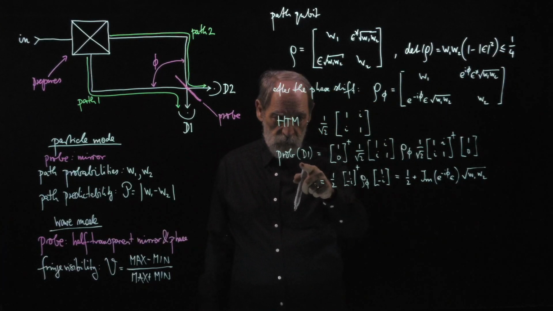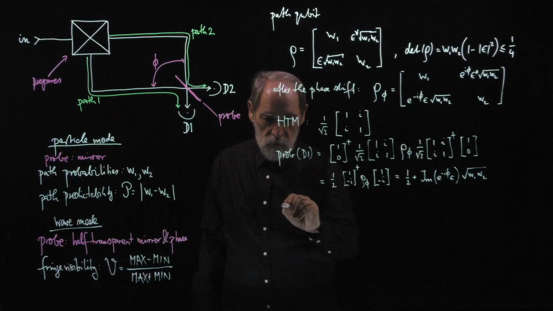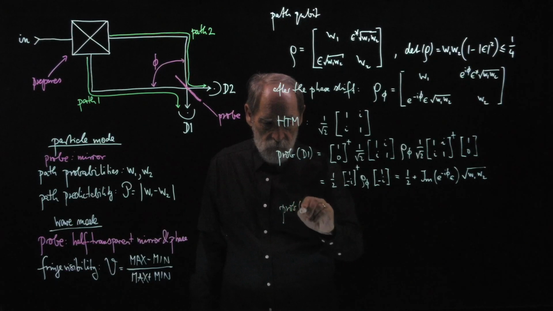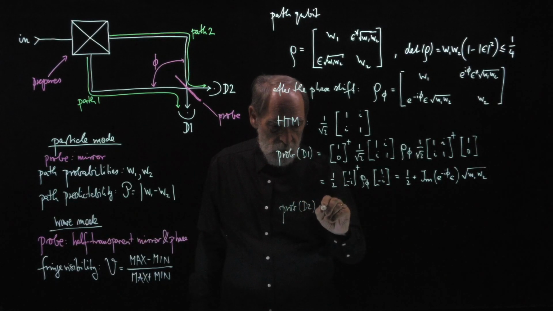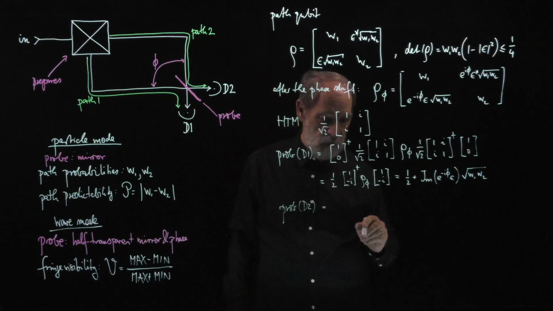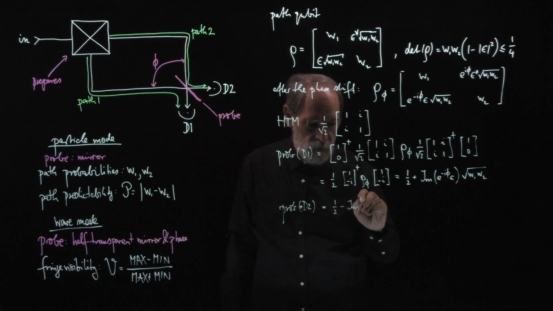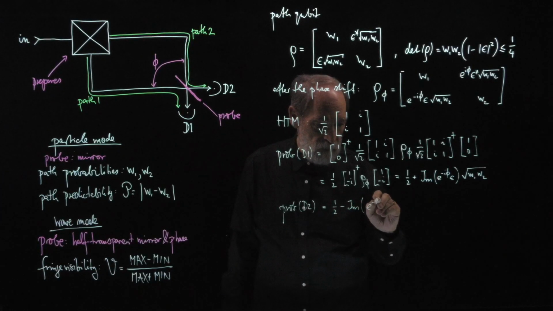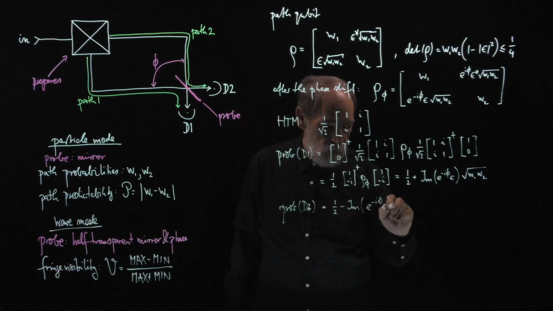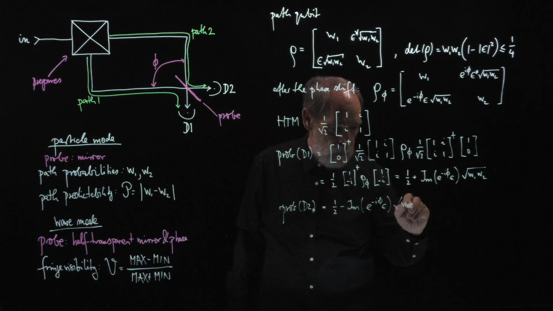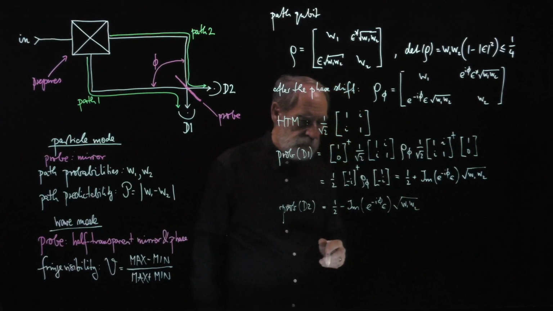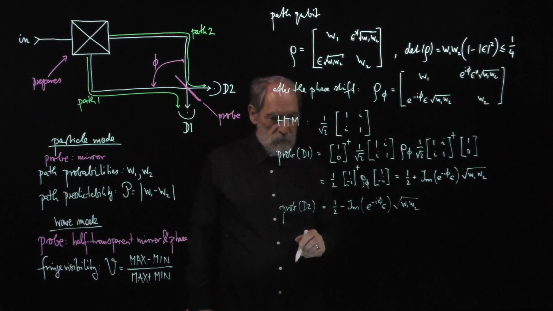So that's the probability for detector 1, and the probability for detector 2, we can work this out in the same way, and then we find half minus the imaginary part of e to the minus i phi epsilon times the square root of W1, W2.